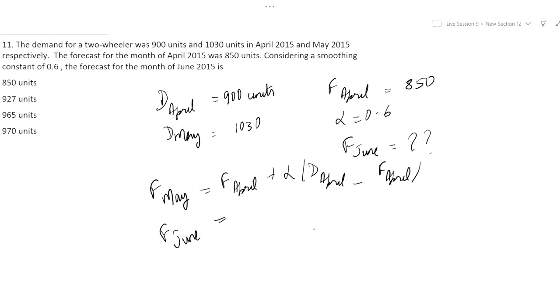So this will be 850 plus 0.6 into 900 minus 850.